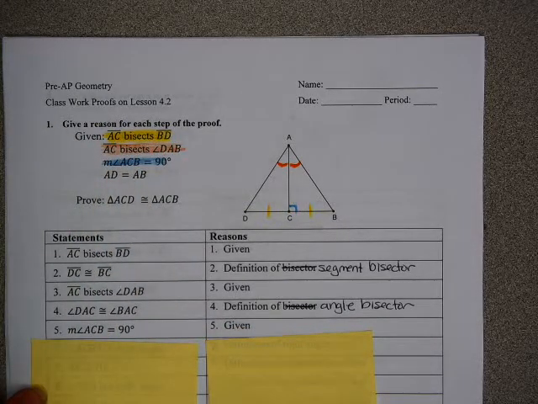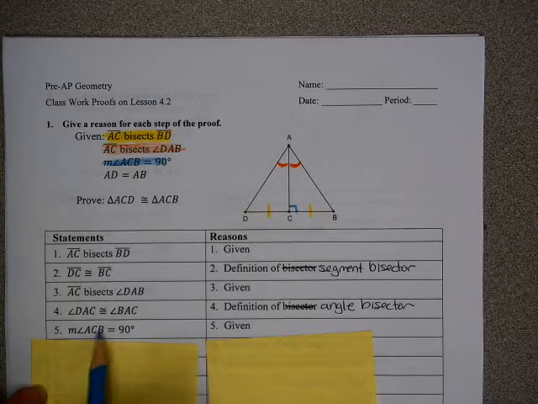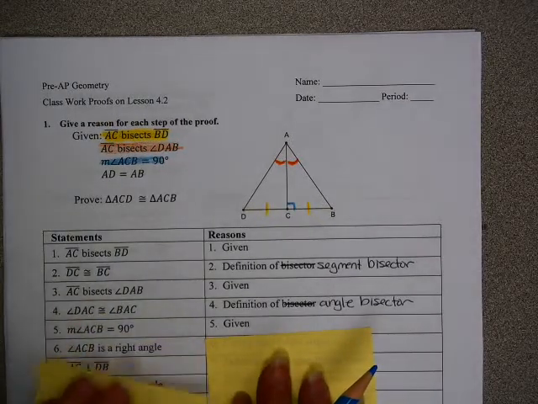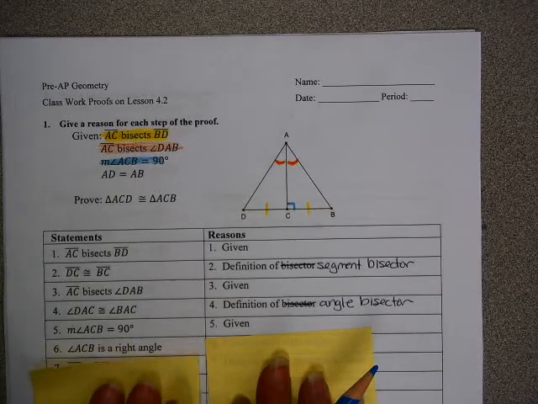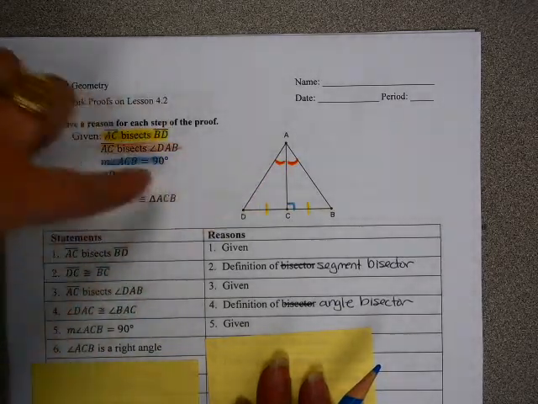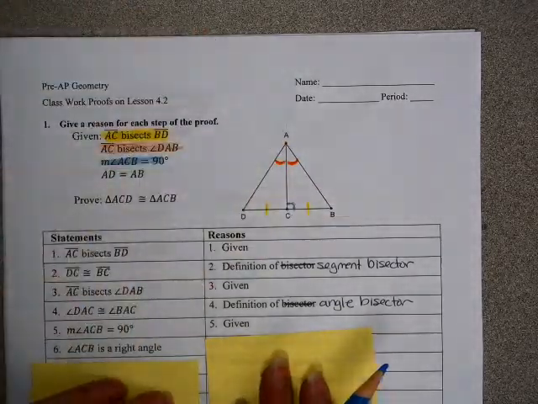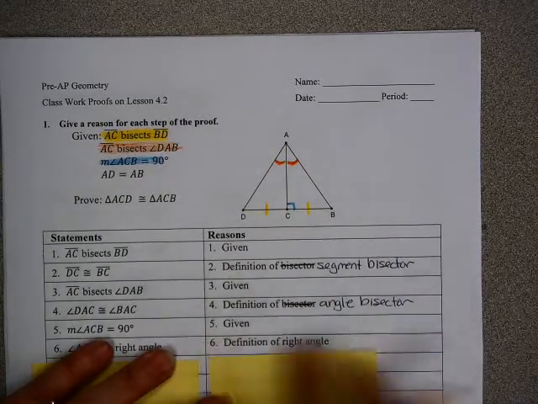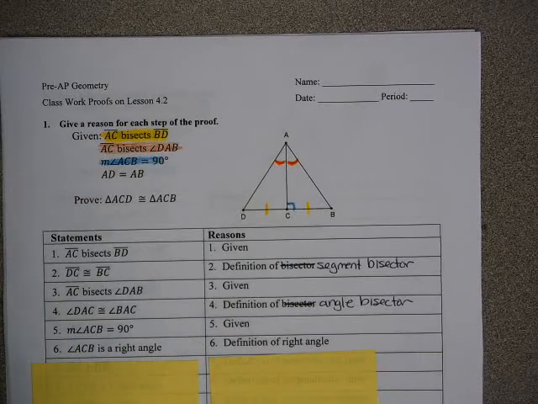All right, well, that doesn't really tell me much, but what does this being 90 degrees tell me about this angle? Well, it tells me that it's a right angle, so I write that down. I now know that ACB is a right angle, and the reason I know that is the definition of right angles.